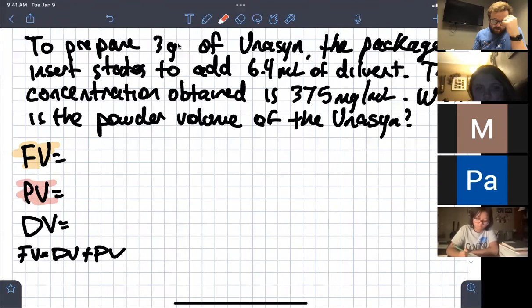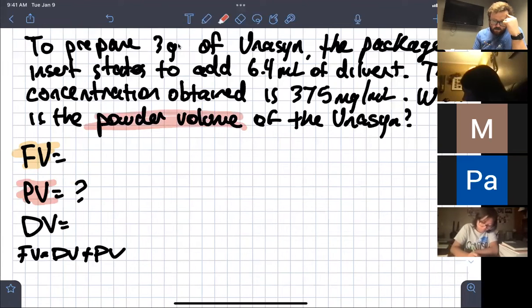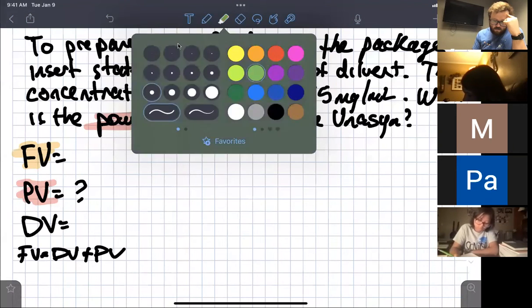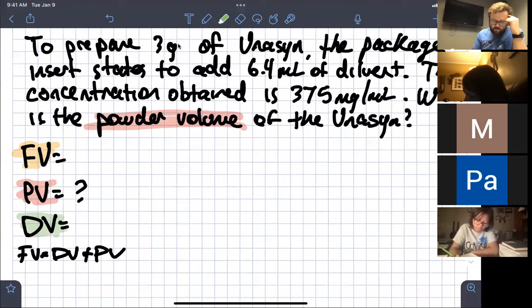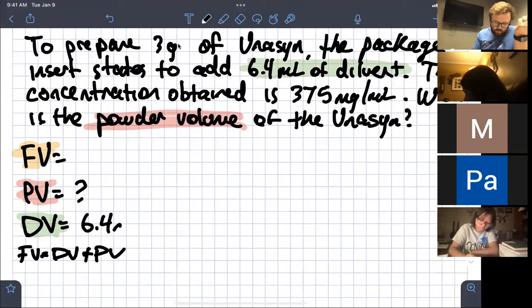PV. Do I have a PV in here? No, that's what I'm looking for. So I'm going to go ahead and put a question mark there. DV. Do I have a DV? Yeah. It says it right there, right? Diluent volume. So I'm going to go ahead and write that. 6.4 milliliters.